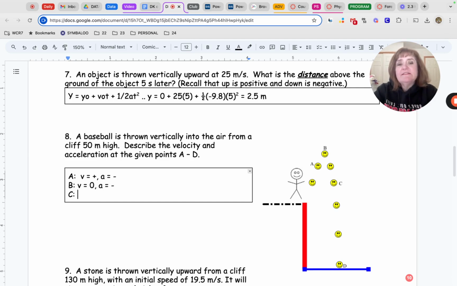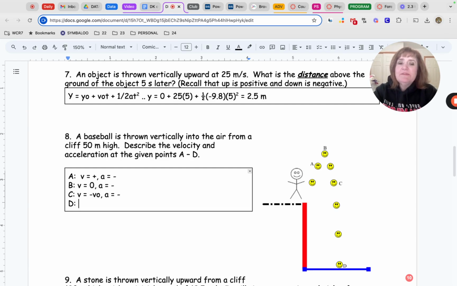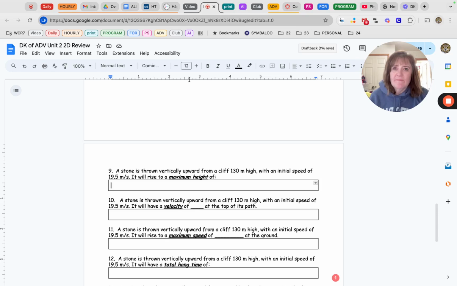At C, the velocity is equal to a negative v naught. Because remember, whatever v naught was, when it passes you, that's how fast it's going to be going. And a is still a negative value. And at position D, velocity is negative, and acceleration is definitely still negative.